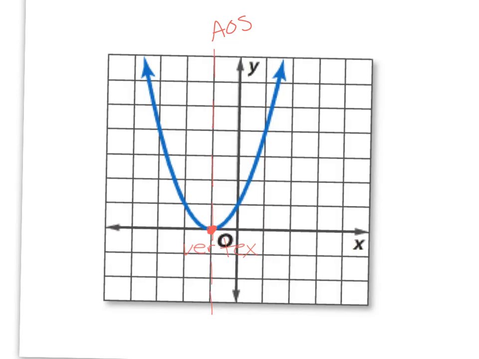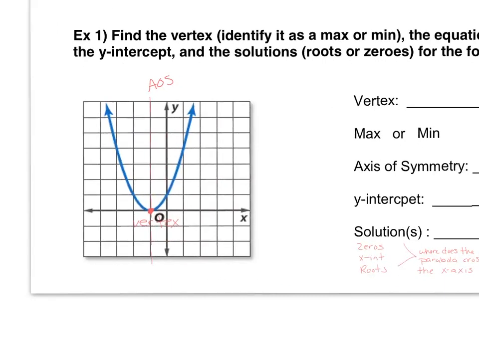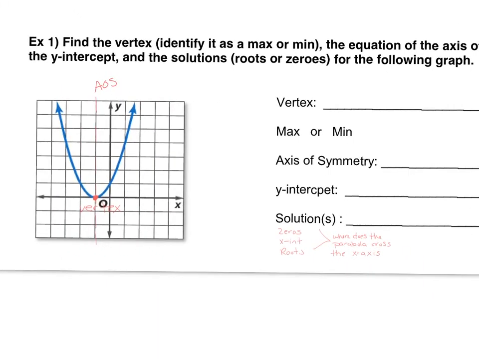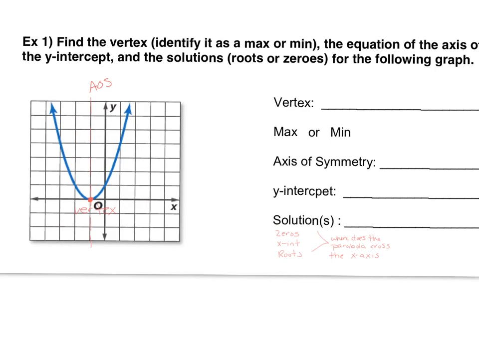All right, so now when I take a look at what it's asking me to do here, for my vertex, I need a coordinate point. So what is this coordinate point? Well, I'm going over -1, and I don't go up or down anywhere. So it's going to be (-1, 0). Now, is it a max or min? We just talked about it's the lowest point, so it's a minimum. And then the axis of symmetry, reminder, is that dotted line right in the middle.